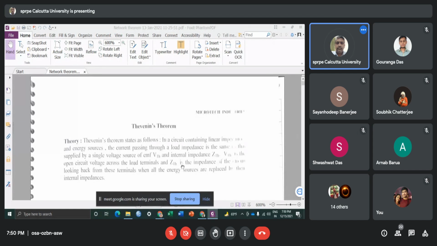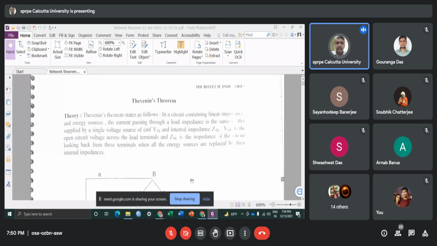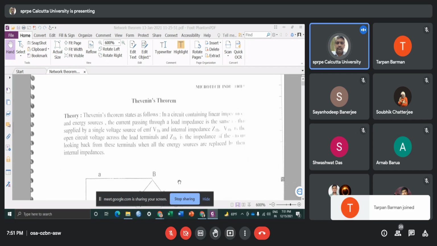By now, you have got a good understanding of these theorems in your theory classes. This is a very known experiment, and I will not go into the details of the Thevenin theorem, but still it says that in a circuit containing linear impedance and energy source, the current passing through a load impedance is the same as if supplied by a voltage source of EMF VTH and internal impedance ZTH.